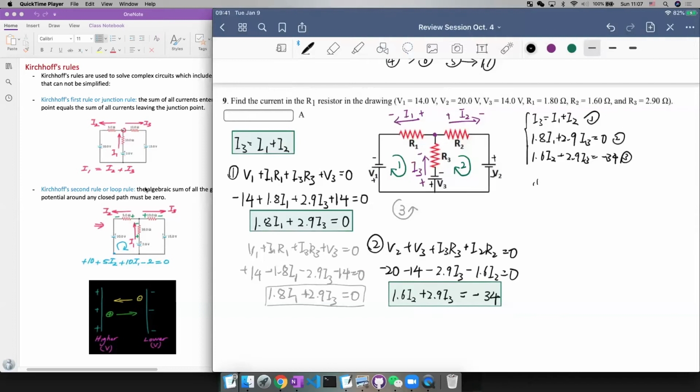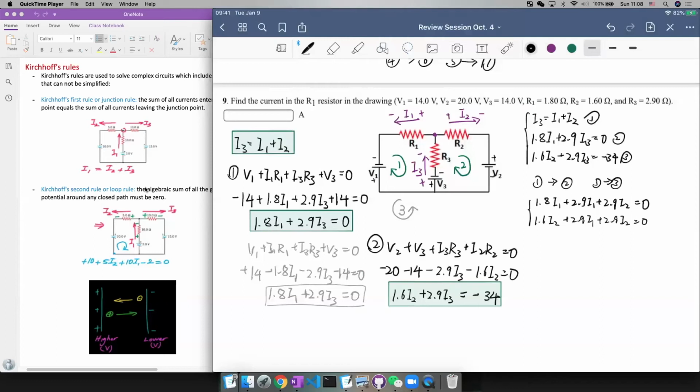So now let's substitute 1 into equation 2. We have 1.6 I1 and also 1 into equation 3, right? We want to cancel out I3 because we only want I1 left. So we have 1.6 I2 plus 2.9 I1 plus 2.9 I2 equals 0.